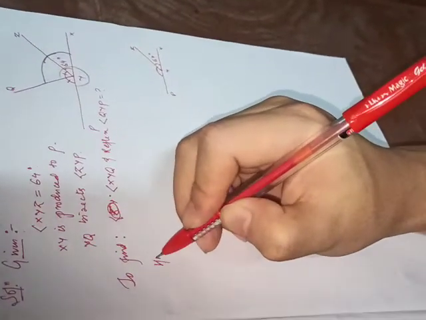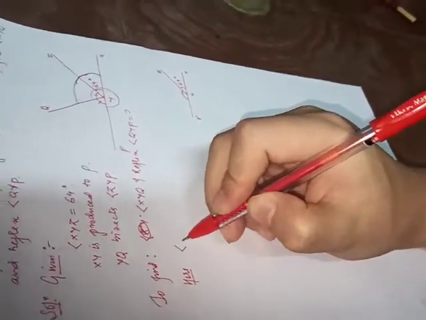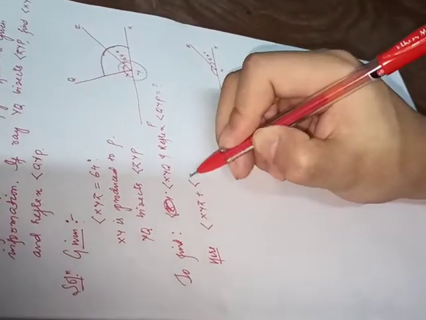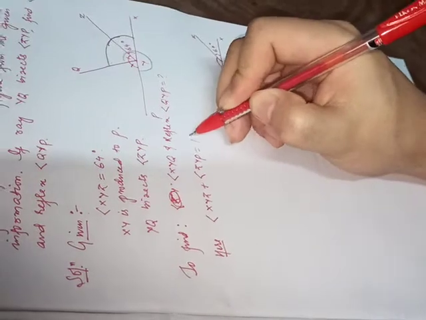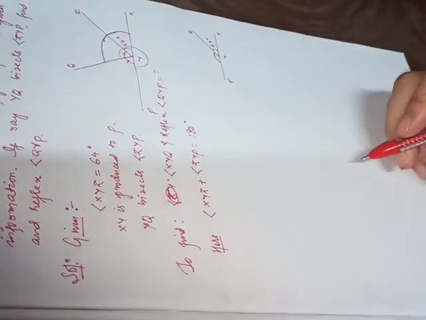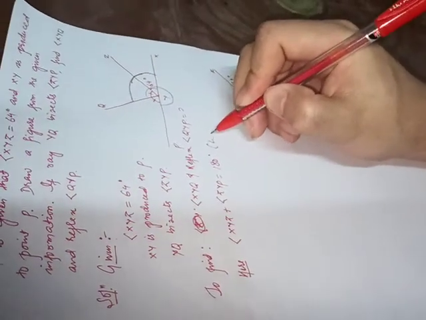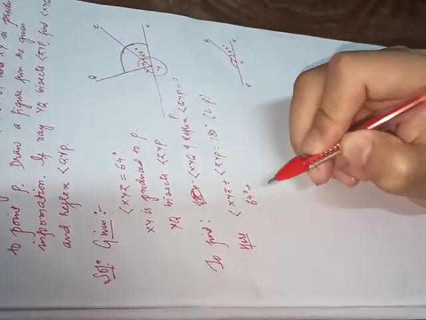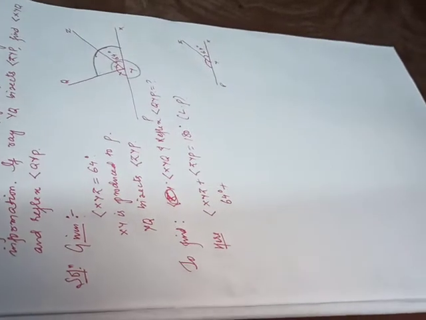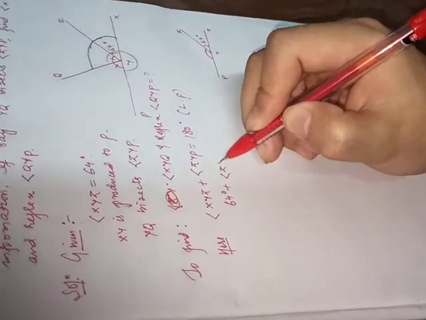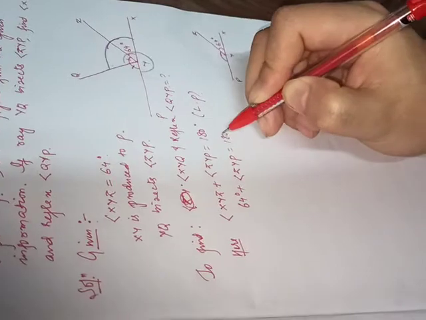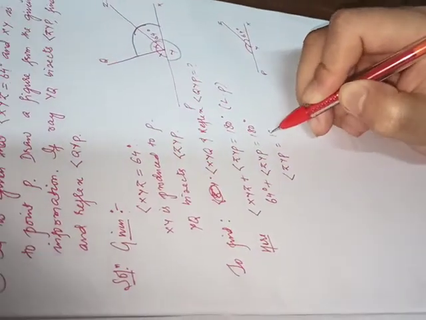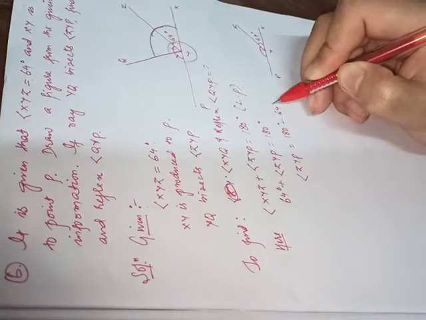You write down angle XYZ plus angle ZYP equals 180 degrees, the sum of a linear pair. So angle XYZ is 64 degrees plus angle ZYP equals 180 degrees.